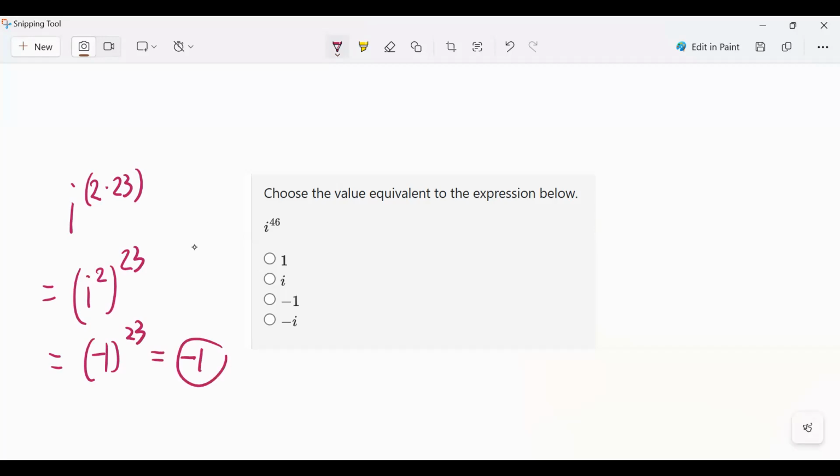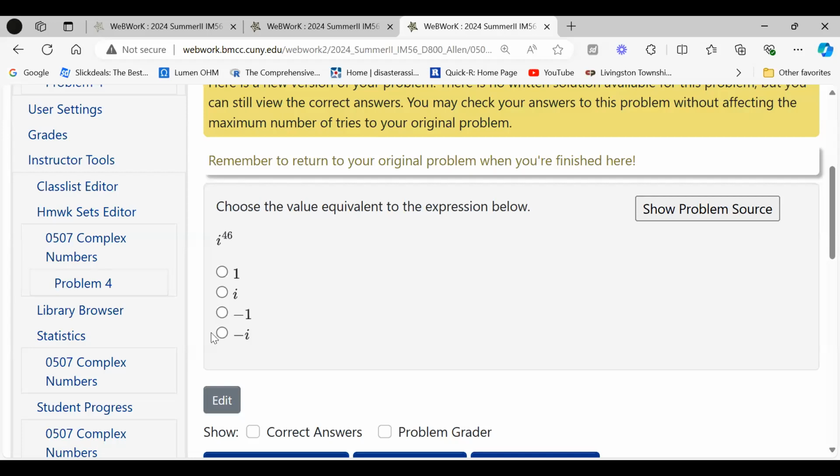It will be negative 1, right? A negative number to an odd power remains negative, and then 1 to any power will be 1. Okay, so it's negative 1. So the trick is once you divide by 2, if that number is even, then you get 1. If the number is odd, you get negative 1. Right, so that's a pattern here. So that's why this should be negative 1.